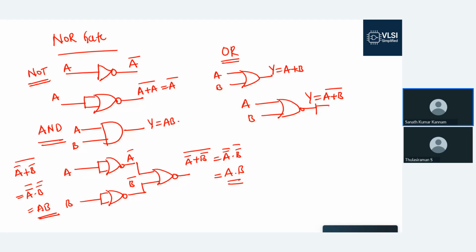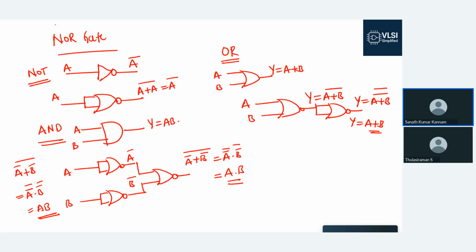This output is given to one more NOR gate. So what you are getting? (A or B) whole bar whole bar, which is equal to A or B. Okay, so this is the OR gate.